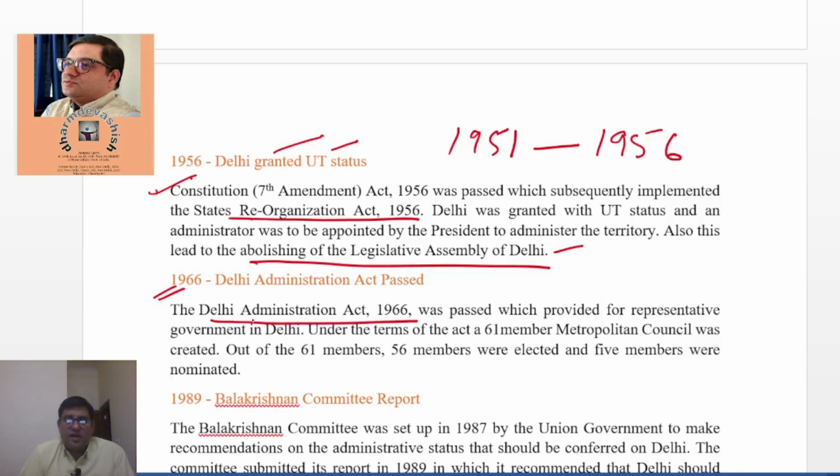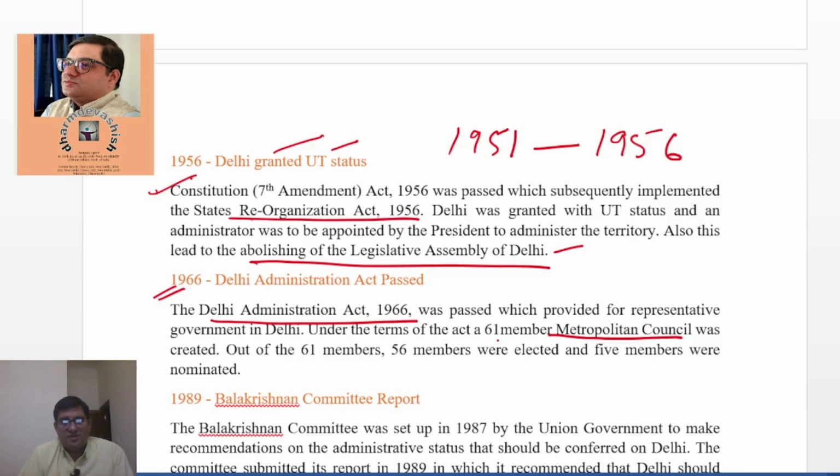And now a representative body by the name of Metropolitan Council comes into picture. Delhi being a metropolitan area, a big area with a big population, arrangements were made to provide representative bodies, obviously multi-member bodies. And what was the name given to that multi-member body? It was the Metropolitan Council.